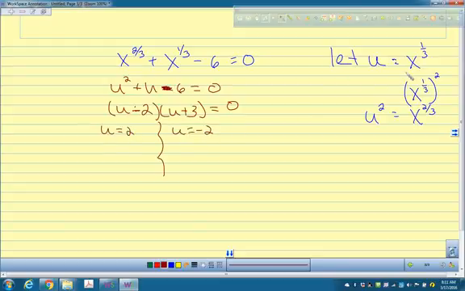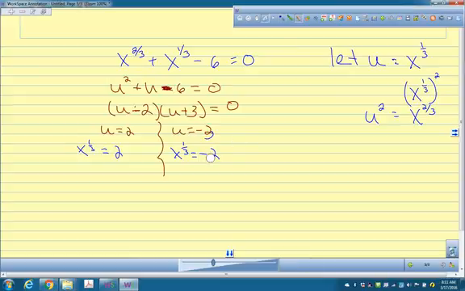Now this is where it gets a little bit tricky. You do your back substitution, okay? So you say x to the 1/3 equals 2, or x to the 1/3 equals negative 3. How do I get rid of that exponent?